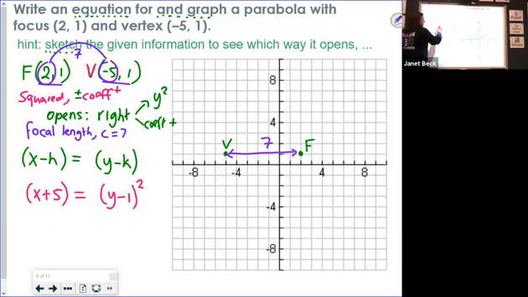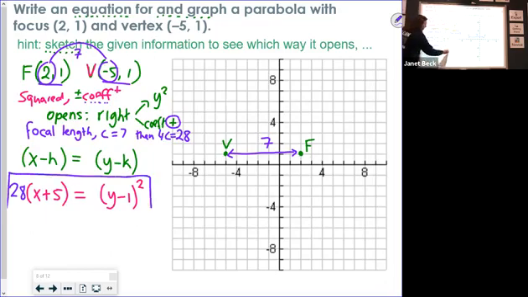When I get to my coefficients, I'm either going to write 1 over 4c, or I'm going to write 4c. It depends where I want to put it. But if c equals 7, then I know that 4c equals 4 times 7, 28. And I know it's positive, and I just like the simple form, so I'm going to put it on that side. Okay, that is my answer.